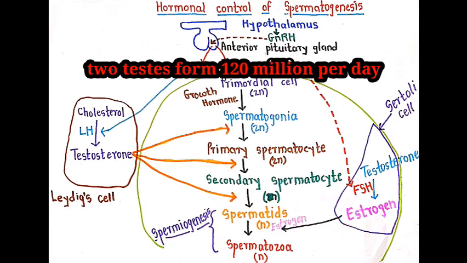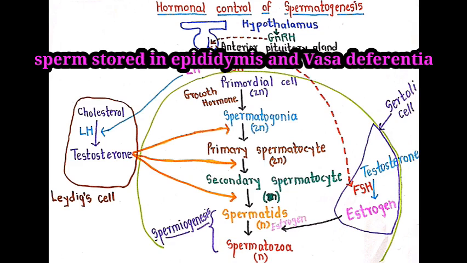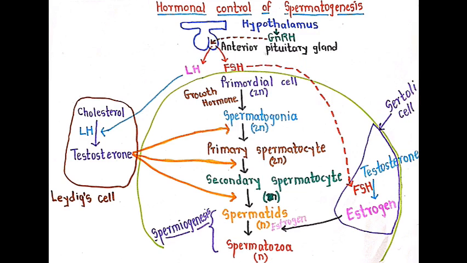In this way, two testes form 120 million sperm per day, which are stored in the epididymis. A small quantity of sperm is stored in the vas deferens, and these are stored for at least a month. So this is all about spermatogenesis.